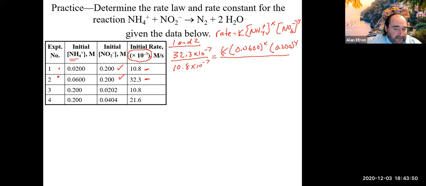Although if you miss that part, you'll still be okay for this part of the calculation. You'll get 0.02 to the X and 0.2 to the Y.